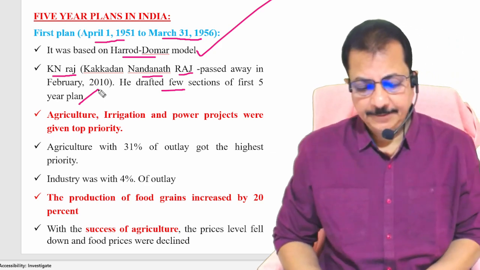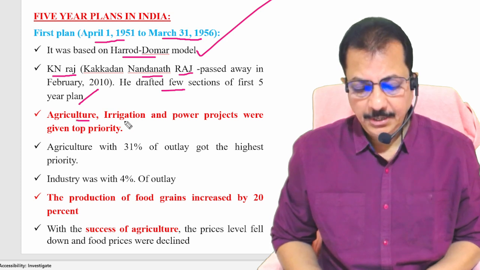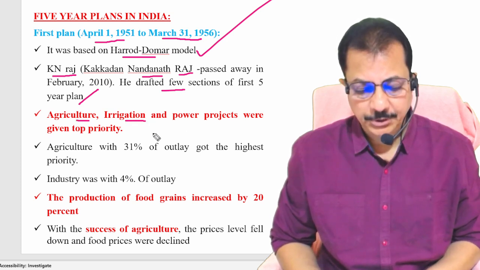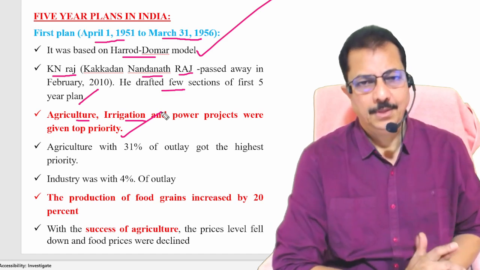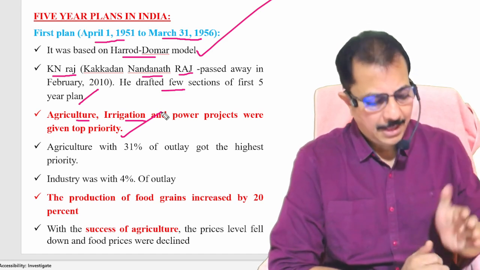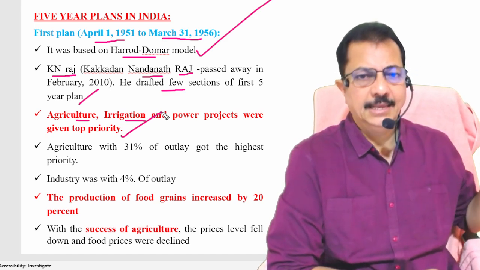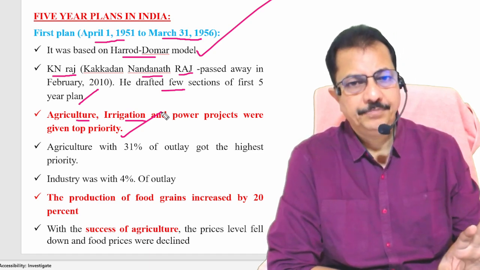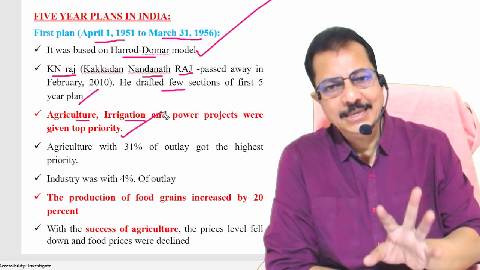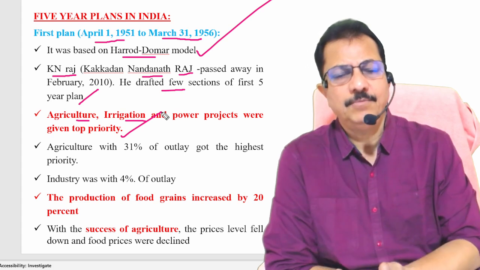Clear? Next, agriculture, irrigation and power projects were given top priority during the first plan. So what is the meaning here? Agriculture and its related areas must be given the priority. If you say only agriculture, and if you don't mention irrigation and power projects, then what will happen?